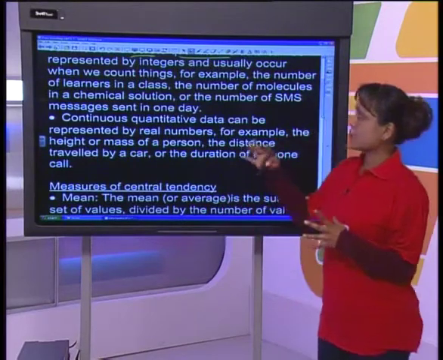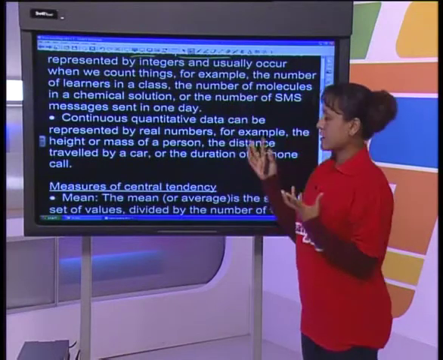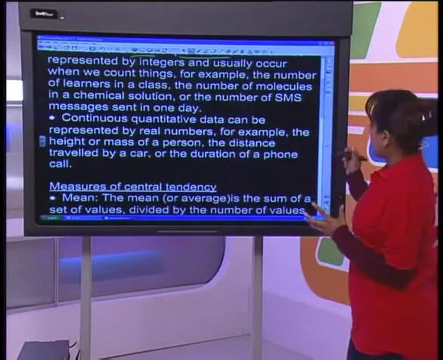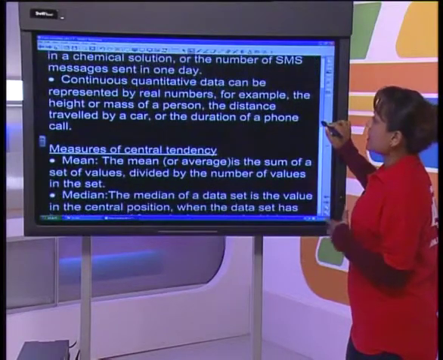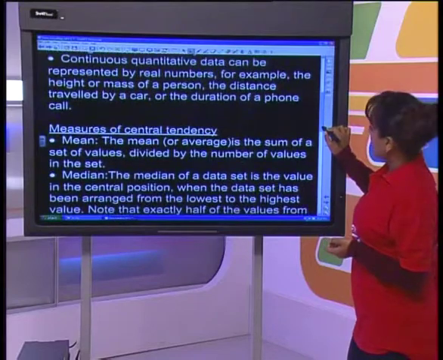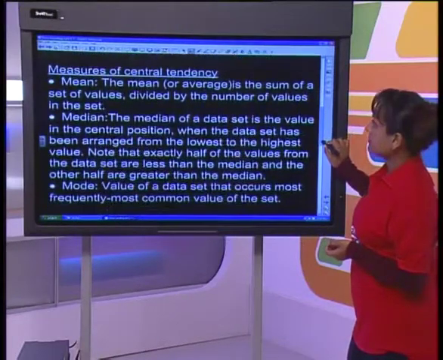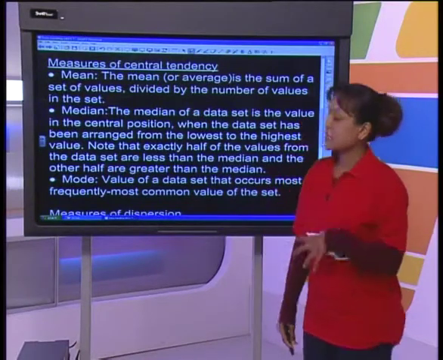So that is what we regard as continuous data. We're looking at any kind of distance, time traveled by a car, or phone call, or anything like that.